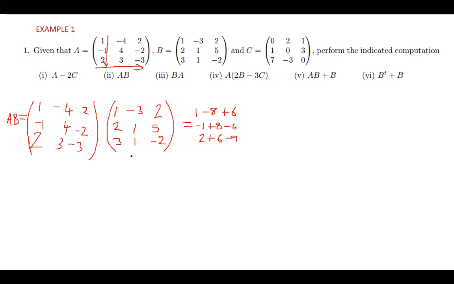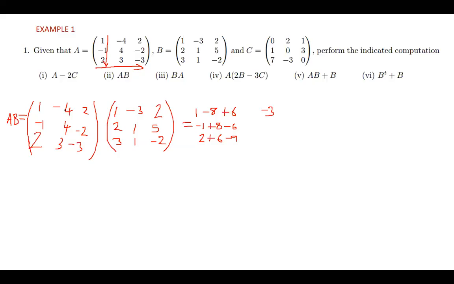So I begin. Negative 4 times 3, negative 4 times negative 3, I'm getting 12. Oh wait, let me do this. It's supposed to be 1 times -3. I'll get -3.